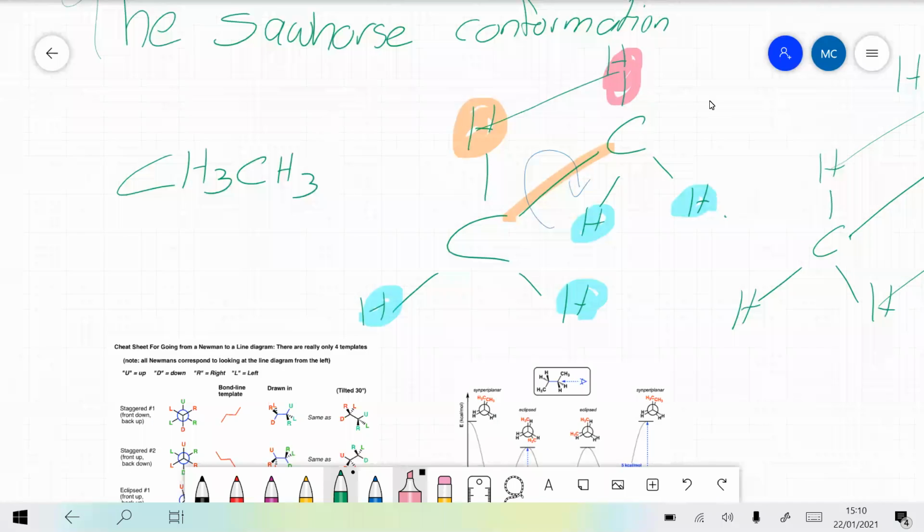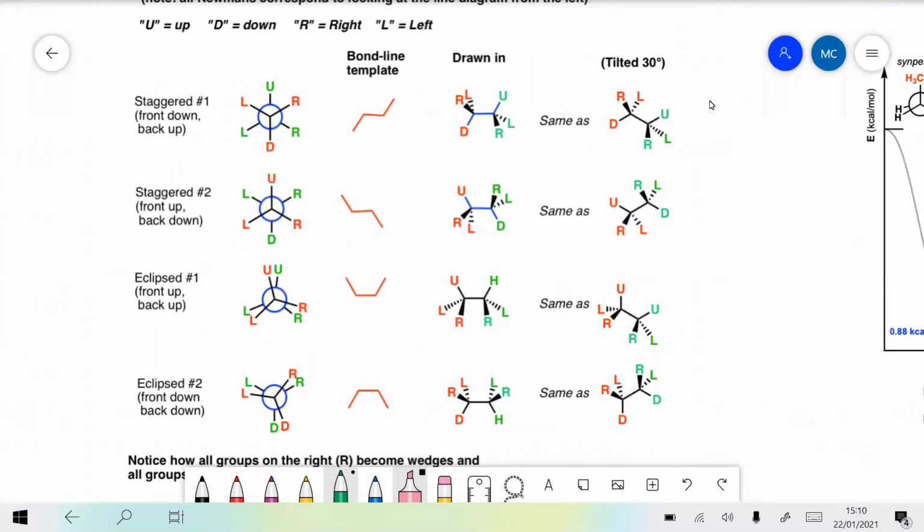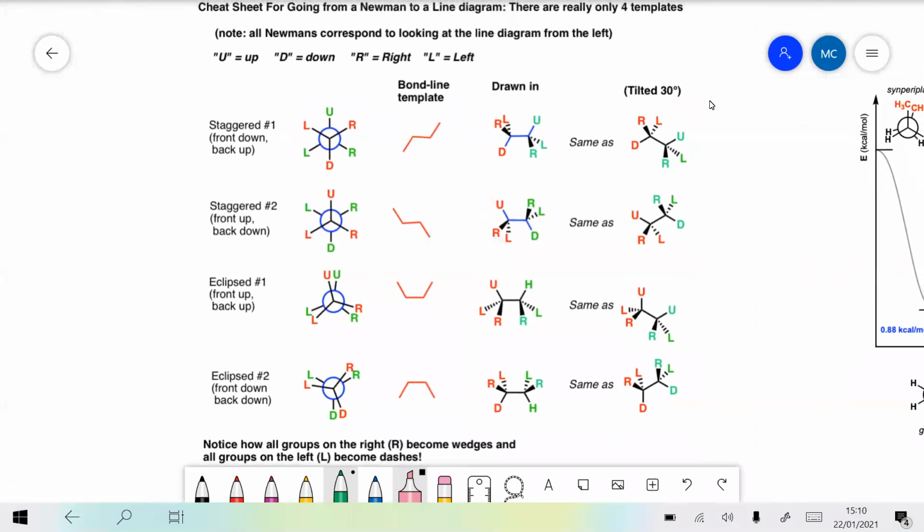Now, in fact, this can result in a number of different conformations, okay? Now, what you've got here is a bit of a summary.